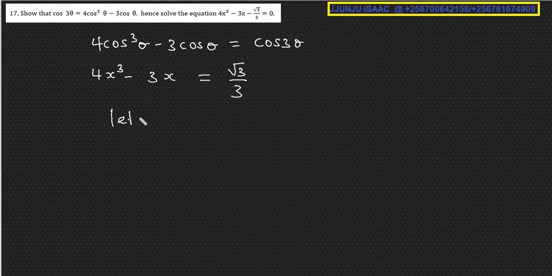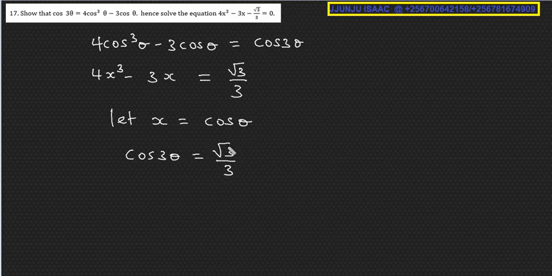So let x be equal to cos theta. When you do that, definitely we shall be getting this left hand side. And when you look at this, it implies that cos 3 theta will be equal to root 3 over 3.